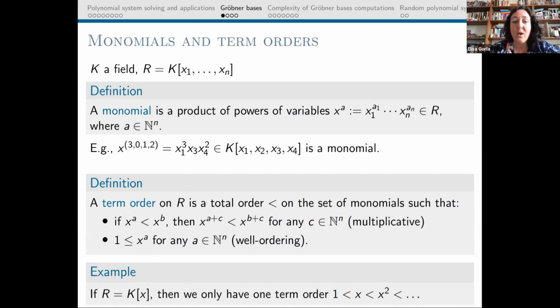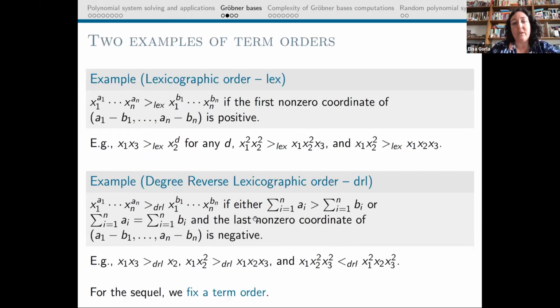With one variable there is only one order. But if you have more variables, there will be more orders, and I have two examples here. The first one is the lexicographic order, which is the order of the dictionary, the order in which you put the words in the dictionary.